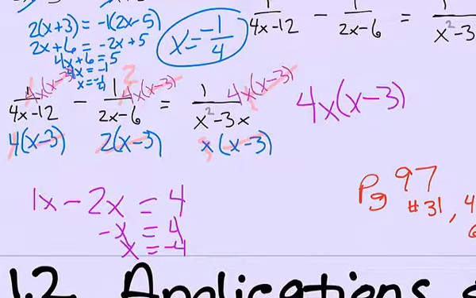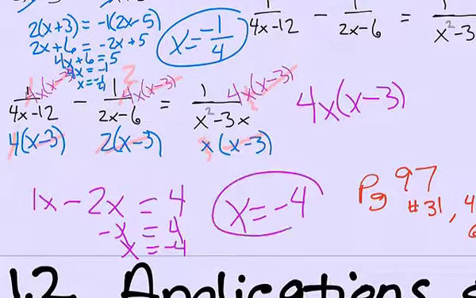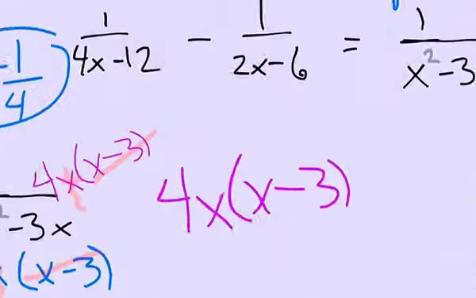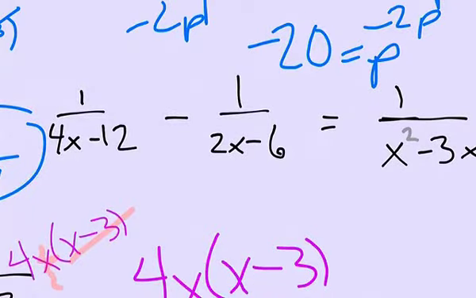Some people prefer to get common denominators, which definitely is an option. If you wanted to get common denominators, here I'd have to multiply by x over x. Here I'd have to multiply by a 2 over 2. And here I would have to multiply by a 4 over 4.